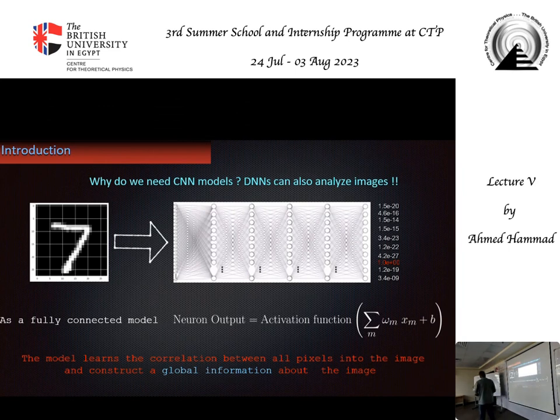So if this is your image, and you have these pixels, and then you have some shape like a 7, the model is fully connected. That means it learned all the information about these pixels and the correlation between those pixels together. So in this case the model learned a global feature of the 7.